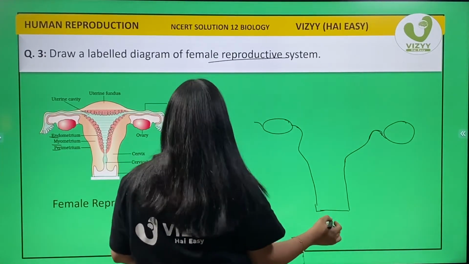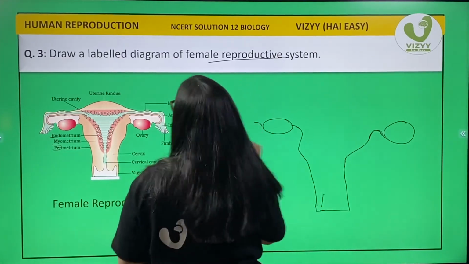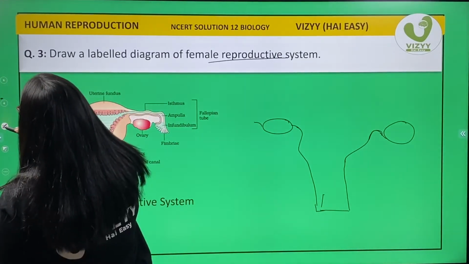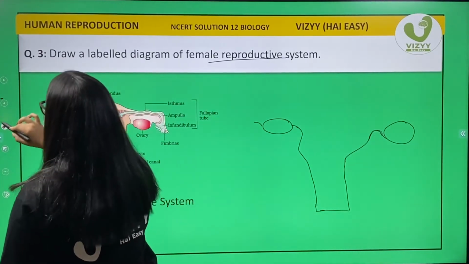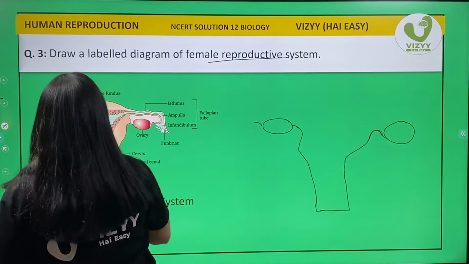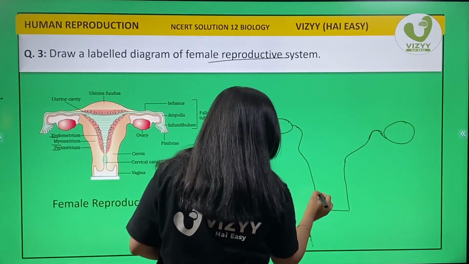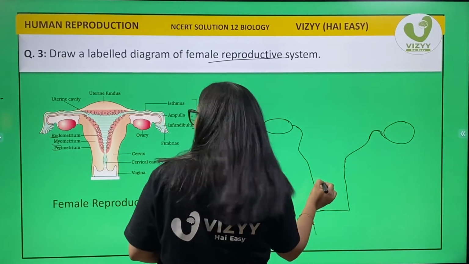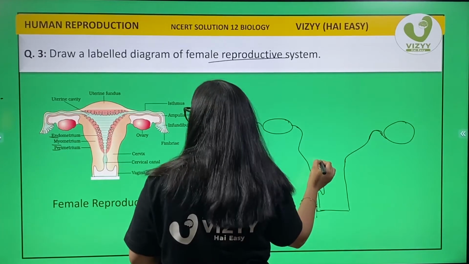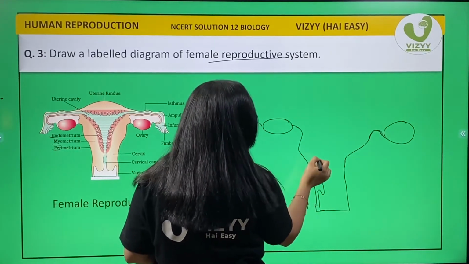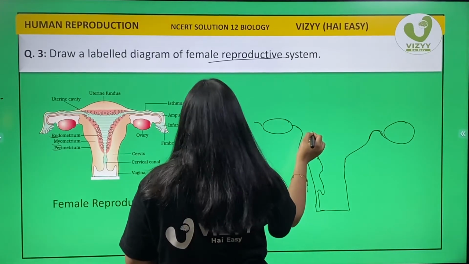Here we need to place the vagina. So this is the entry, cervical canal, and then going down to the endometrium part, all the way up.